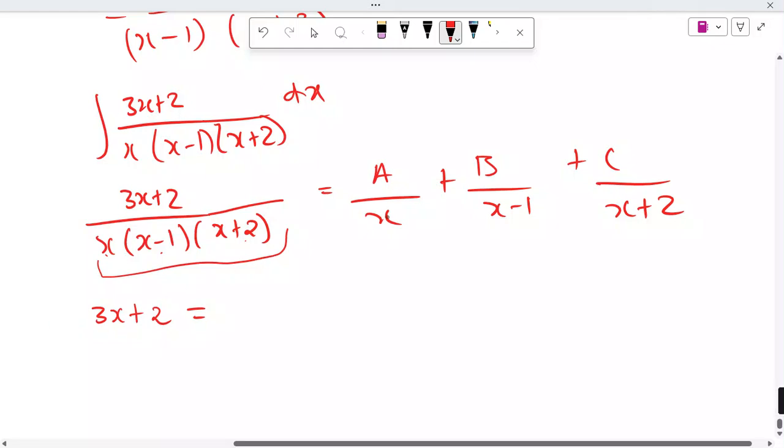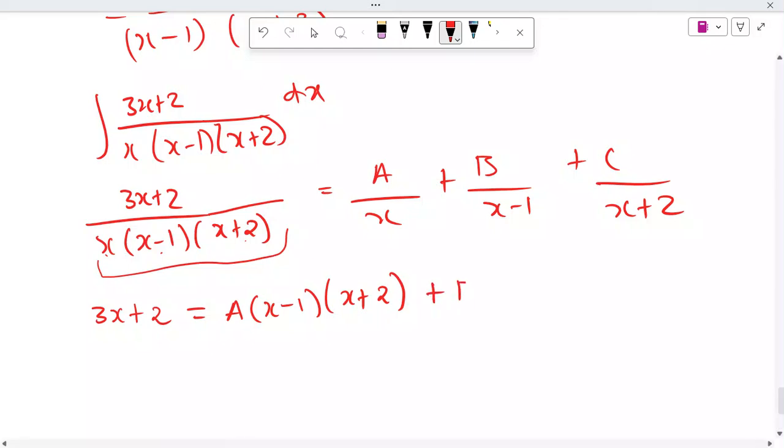Then a over x, x and x will cancel, meaning you remain with this and this. So a, you have x minus 1, x plus 2. It won't have an x because x and x will cancel, plus b.